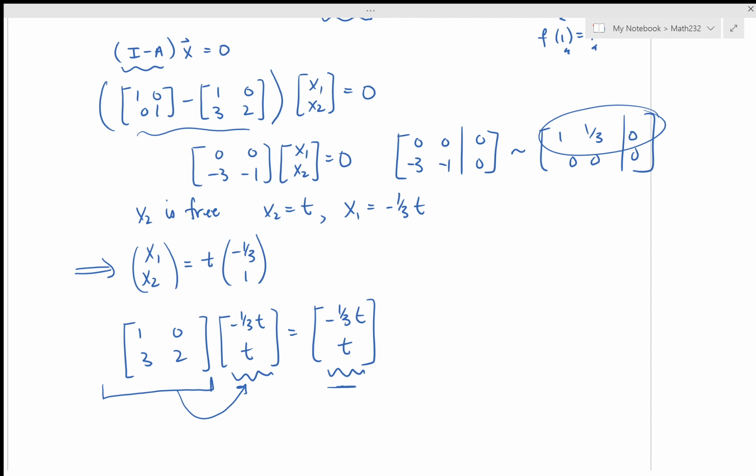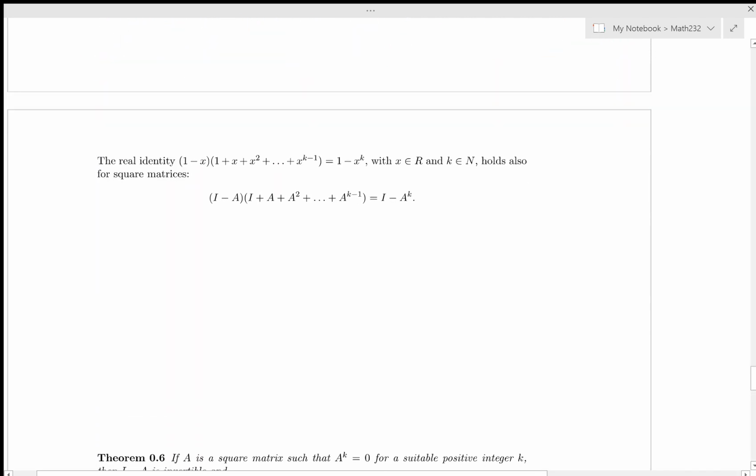There's more exciting stuff. You will recognize this identity for regular numbers, for x a real number and k a natural number, so a positive integer. This also holds for matrices, where I is the equivalent of 1 in the numbers, and x is A. So that same exact identity holds.